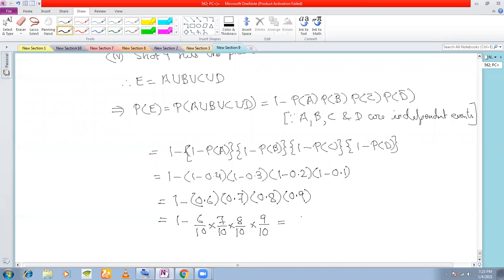Right? Which is equal to 1 minus, how much is 6 into 7 into 8 into 9? It is 3024. 3024 divided by, okay, now you take the LCM.